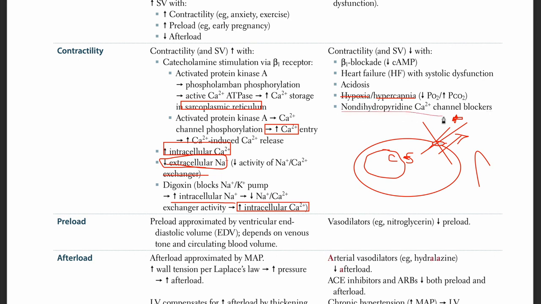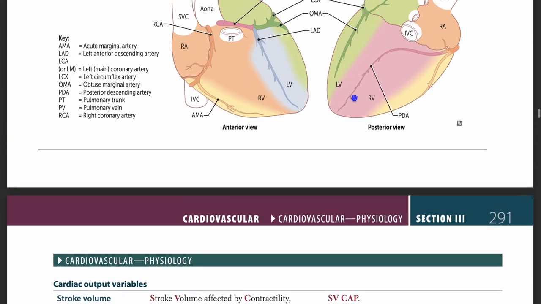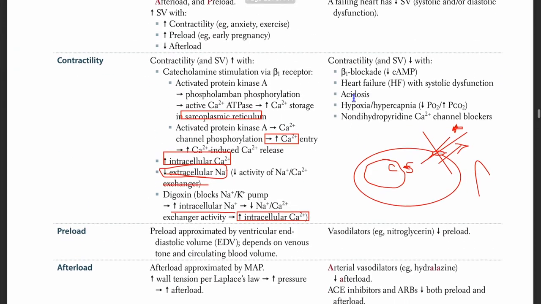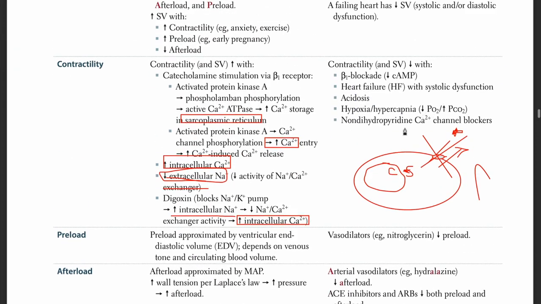We'll learn about this in the pharm section of CVS. When you have a decrease in oxygen, this is an important concept too. Remember up here we just talked about coronary vessels. They require oxygen to function and to have the left ventricle contract. If you don't have oxygen, there won't be ATP.